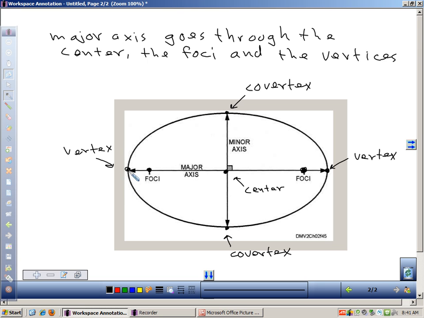So all of these points, the vertex, the focus, the center, the other focus, and the other vertex, all are on the major axis. And what we're going to do when we write our equation is we're going to have numbers that tell us how far the focus is from the center, how far the vertex is from the center, and how far the co-vertex is from the center. And that's how we're going to analyze our ellipses. But it's important to remember that the major axis goes through each focus, the center, and the vertex.